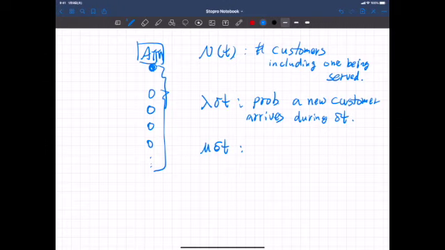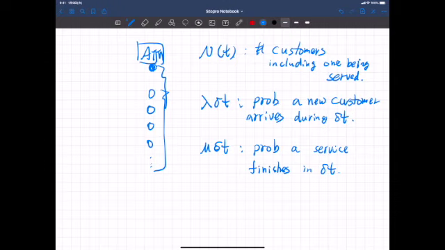So mu delta t is the probability that a service finishes in delta t.